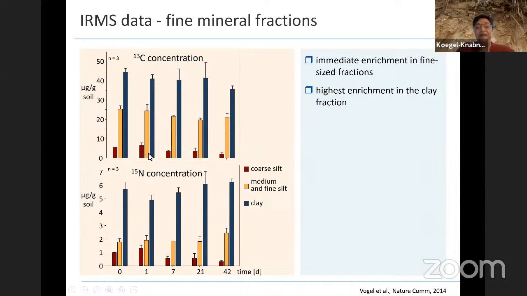And we find that this label immediately enters the clay fraction, both for carbon, but what is important, immediately most of the nitrogen goes, which is most of it organic bound nitrogen. So the nitrogen-rich compounds enter mainly the clay fraction. Of course, there's also a little bit in the silt fraction, but most of it is in the clay fraction.